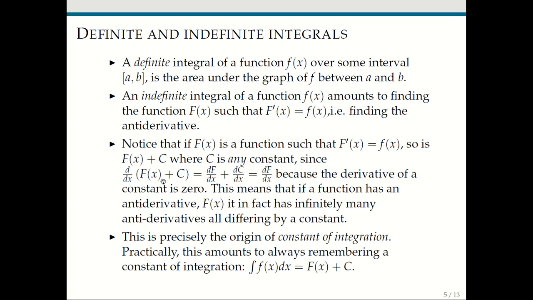So if you carry out this differentiation, you get two terms, the derivative of F with respect to x and the derivative of c with respect to x. But the derivative of c with respect to x vanishes. What this means is that, in fact, if a function has an antiderivative, it has an infinite number of them, all differing by this constant. This is precisely the origin of the constant of integration.